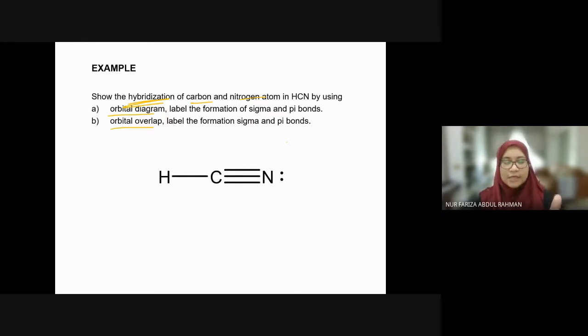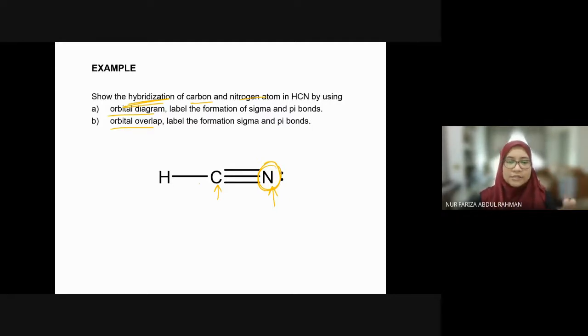Again, let me repeat: if the central atom, which in this case is carbon, forms a triple bond or a double bond with the terminal atom, which in this case is nitrogen, this terminal atom will also hybridize.